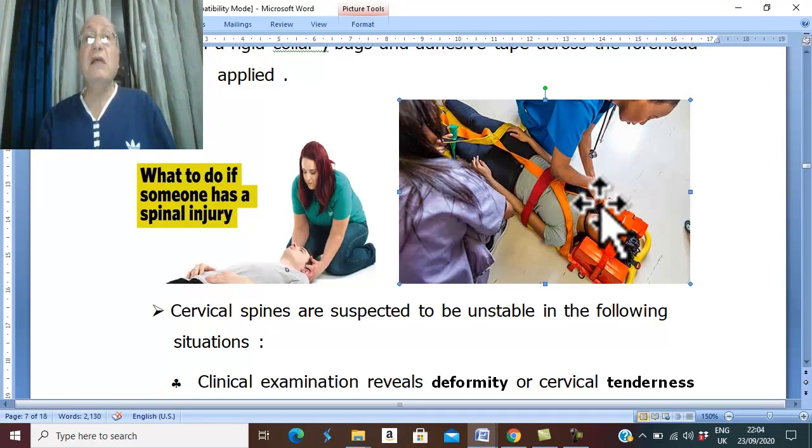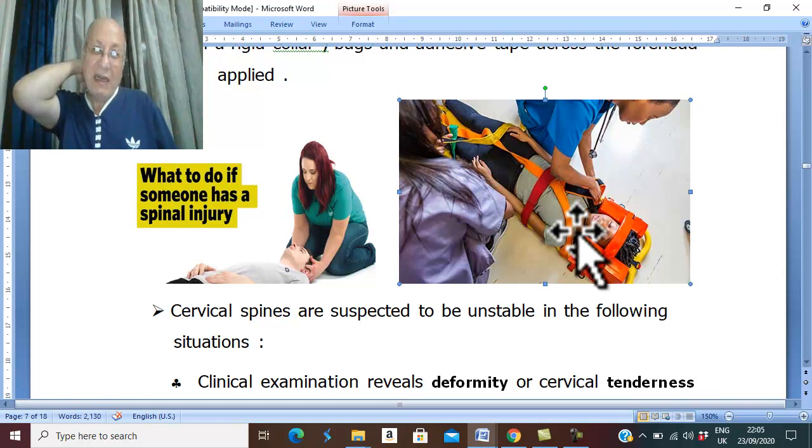Cervical spine injury is suspected, and unstable cervical spine is suspected by what? Clinical examination shows deformity or tenderness in the cervical region.